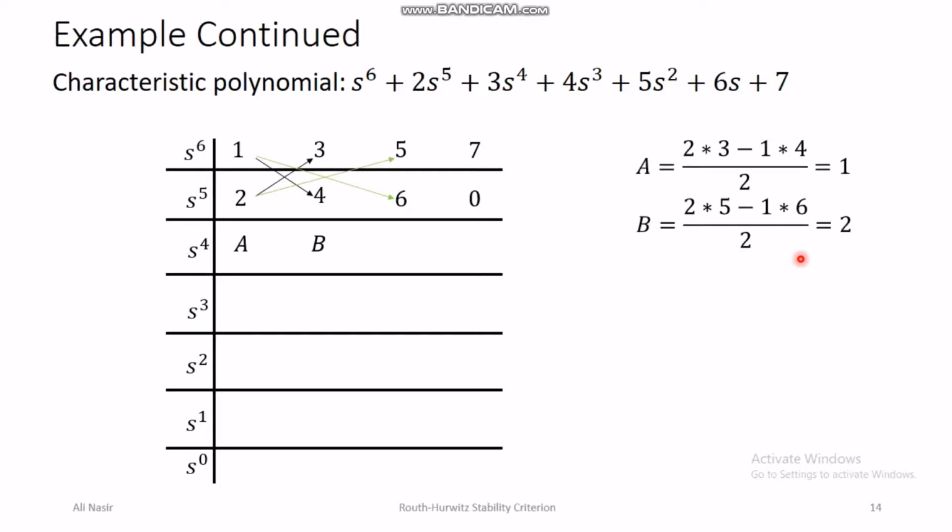Similarly, we continue in this fashion, and the next entry in this row will be 2 multiplied by 7 minus 1 multiplied by 0, divided by 2, which will be 7 itself. As we have discussed earlier in this course, whenever something has a 0 underneath it in the Routh-Hurwitz table, this quantity comes as it is in the previous column of the next row.